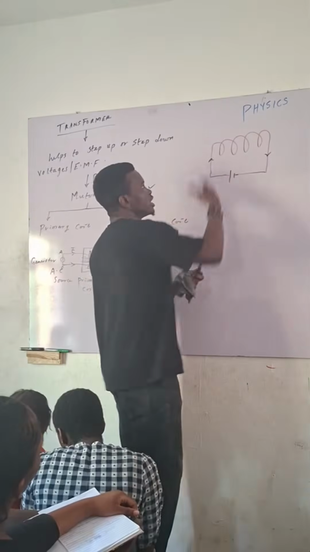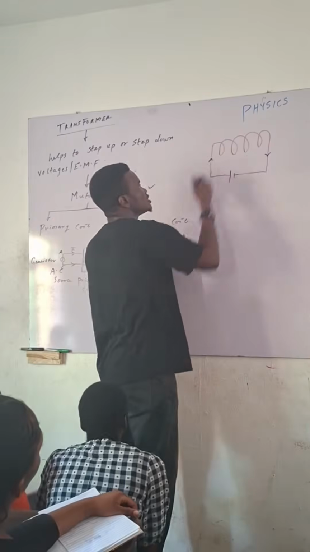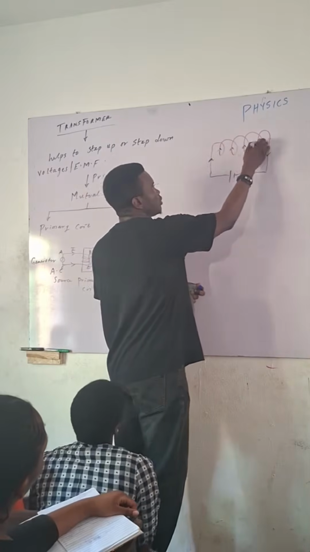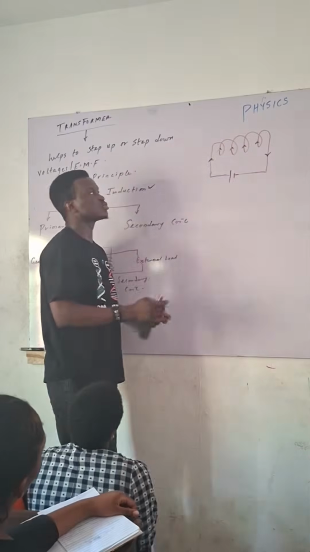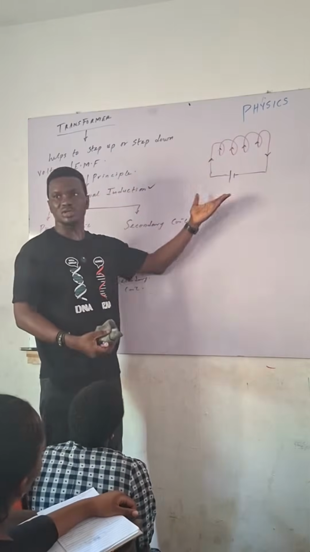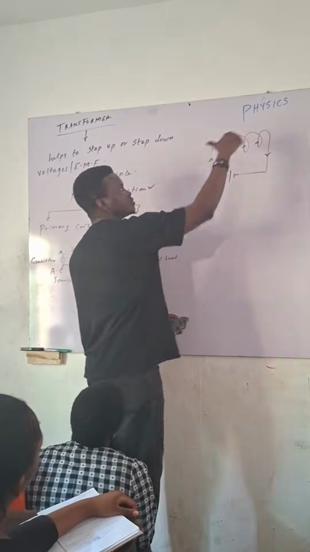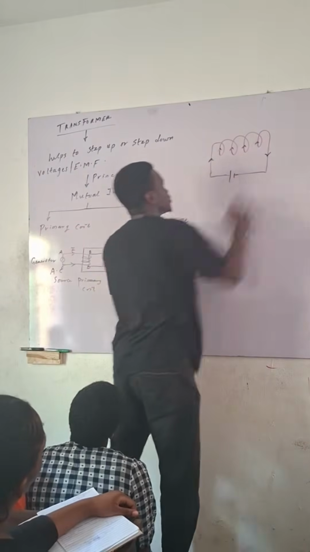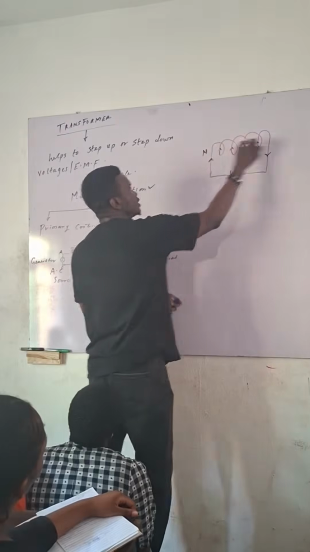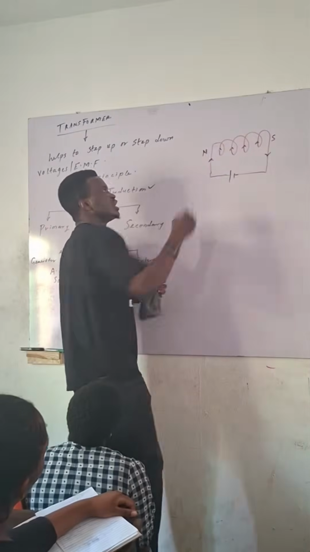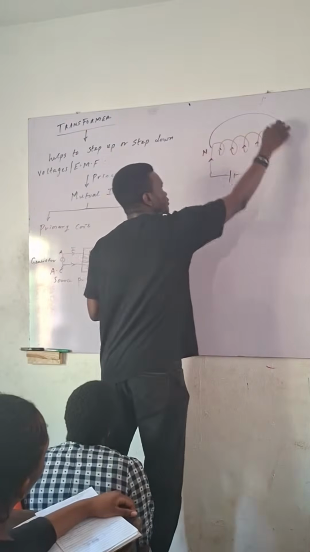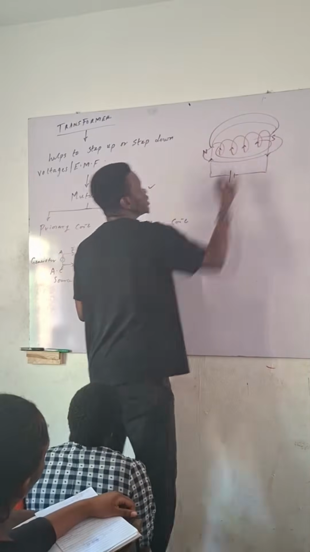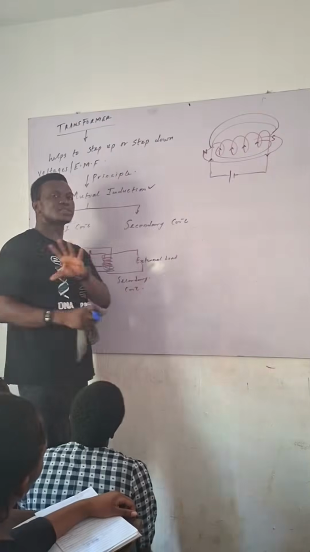Because of the way the current is flowing, it will go through the back, then up, up, up. Because of that, we already know where our north should be. So if I do like this, my north is here. I'm just trying to recall some things. North, then south. At the end of the day, my field will go like this. Do you remember that?